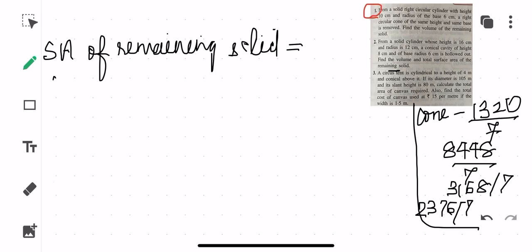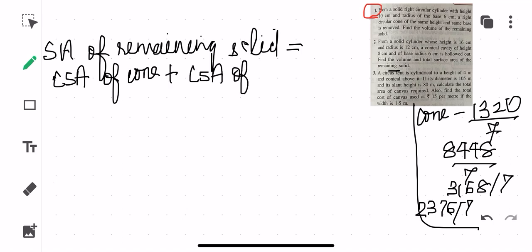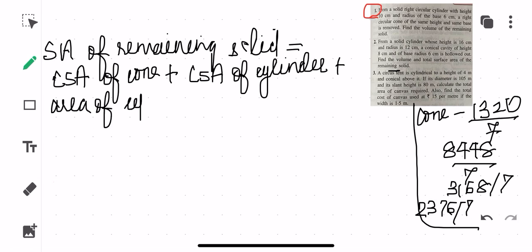We calculated the curved surface area, CSA of cone, plus CSA of cylinder, plus the area of the upper circle of cylinder, of course.